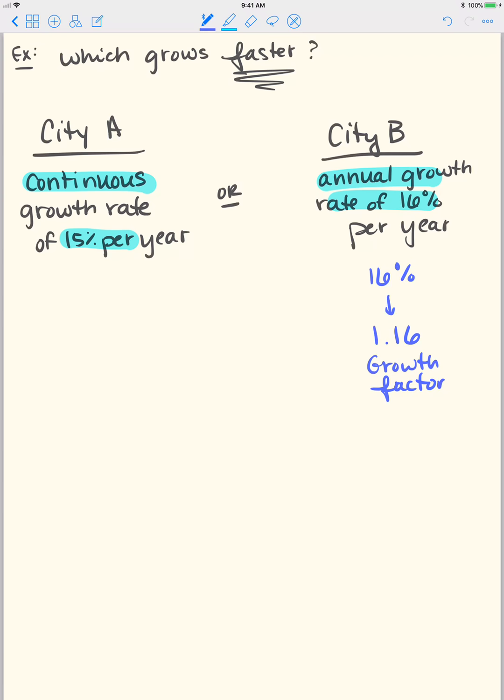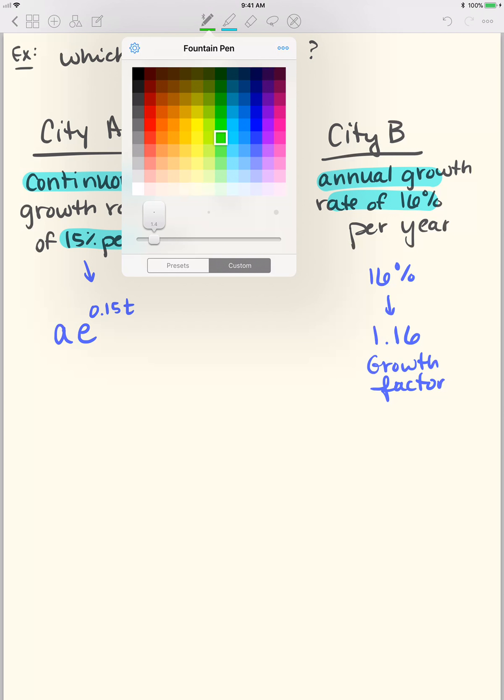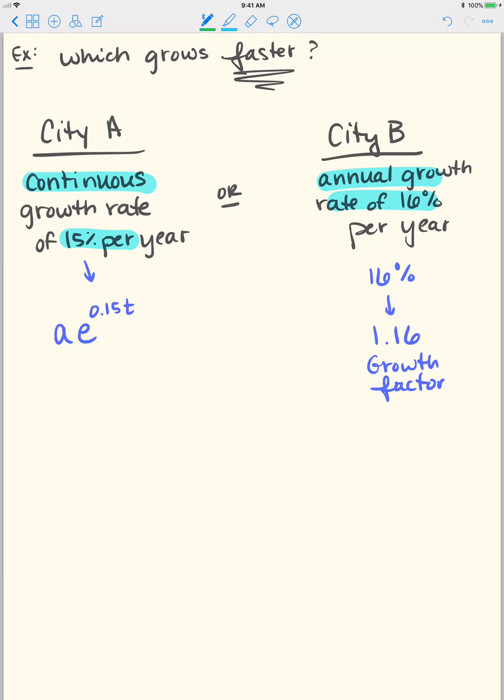The continuous growth rate of 15% per year in the formula, regardless of what it started with, was e and the power would be 0.15t. And if you'd like to compare that to what that is in the sense of annual growth rate, you're just going to pull off the e to the 0.15 power and actually calculate the value for e to the 0.15 power, and it's positive growth rate, so we're using a positive exponent.